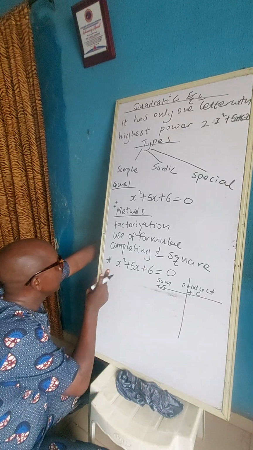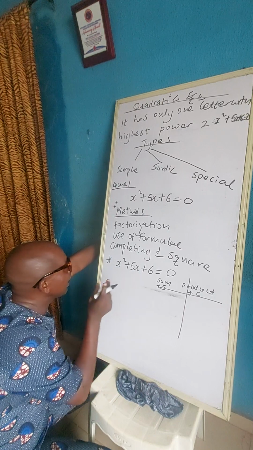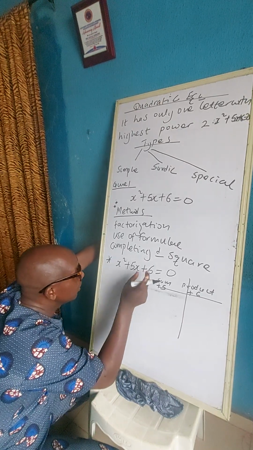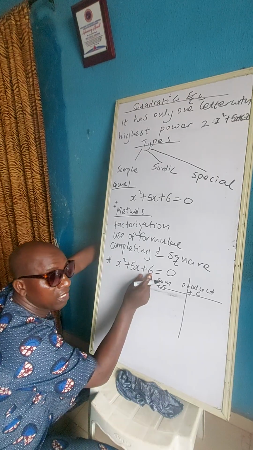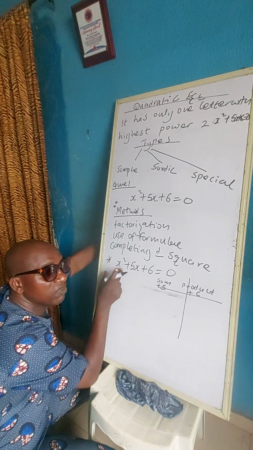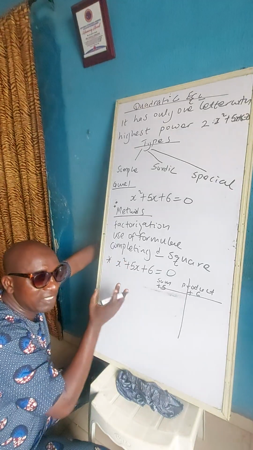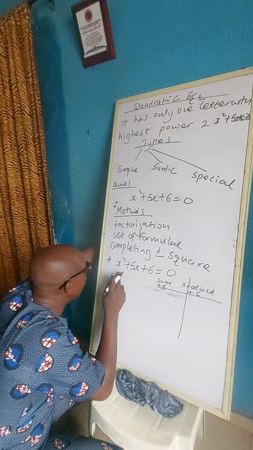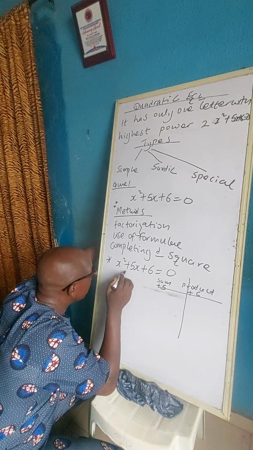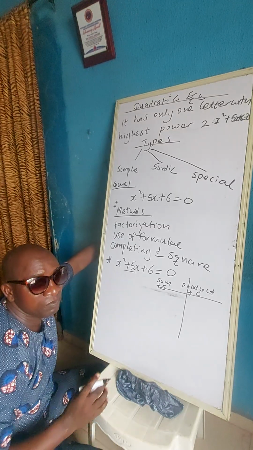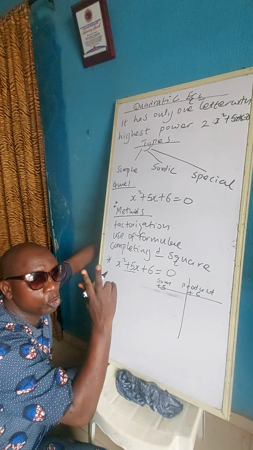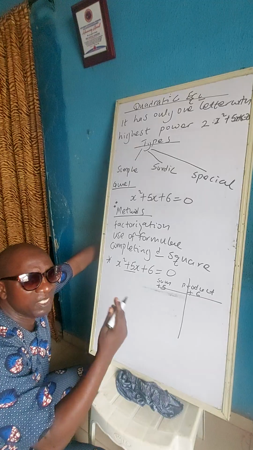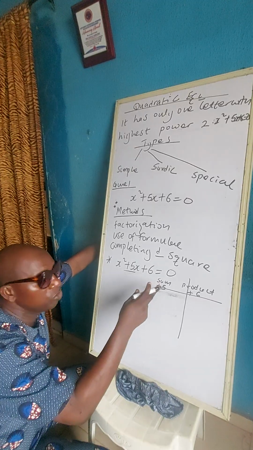Because it has 3 terms, x squared 1, 5x 2, plus 6 3, you have to make sure it becomes 4 so that you can factorize it. You take it 2 by 2 to factorize it. Then the middle one, plus 5, you have to split into 2 so that it becomes 4. You can't just split it just like that. You have to use trial and error table.